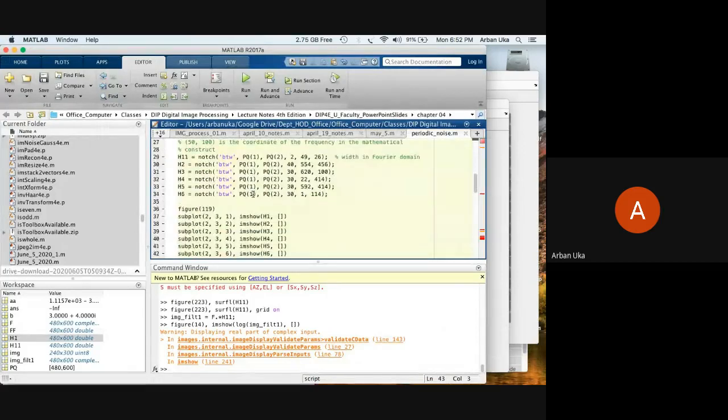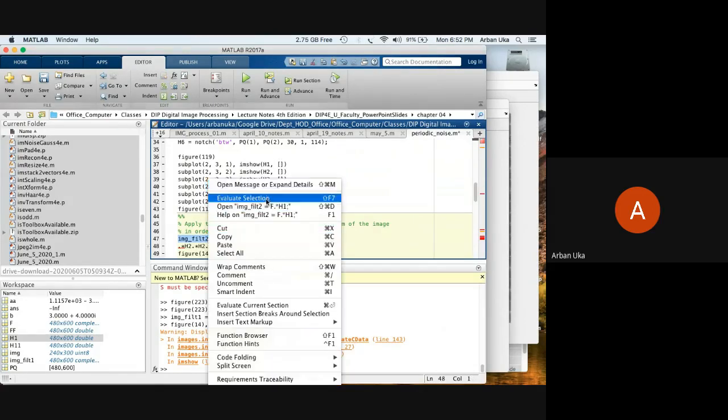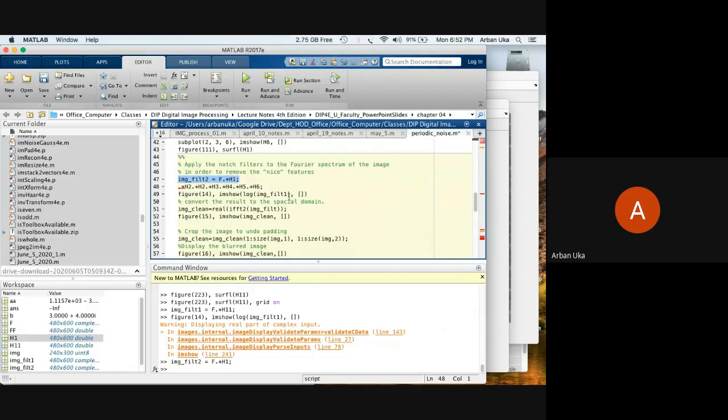So probably rather than, sorry, where was it? So we made H11 filter. Let's multiply this one with, sorry, H1, and let this be 2. Evaluate selection.